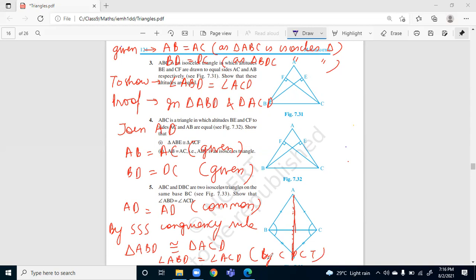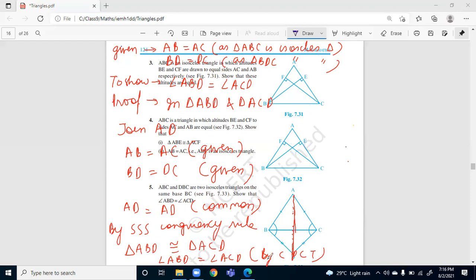Understand? So how I have just taken the solution, connecting the dots from the back end. From the back end, I can see these two angles I have to make equal. So for making angles or any sides equal, I have to make that triangle congruent. So I have chosen that triangle.